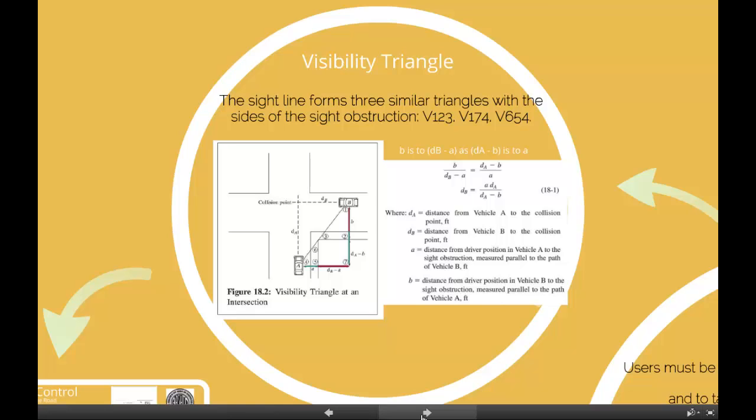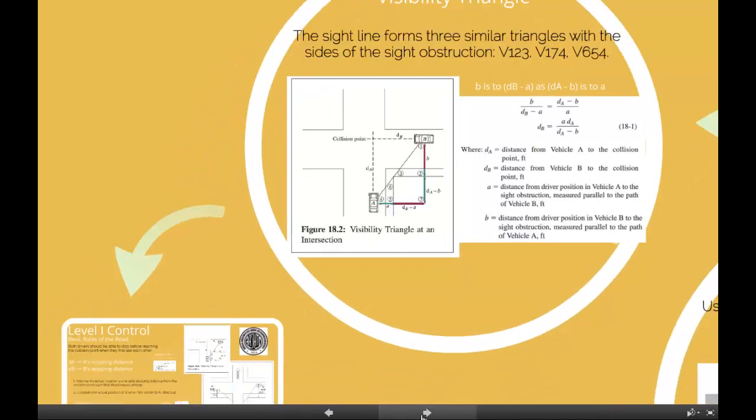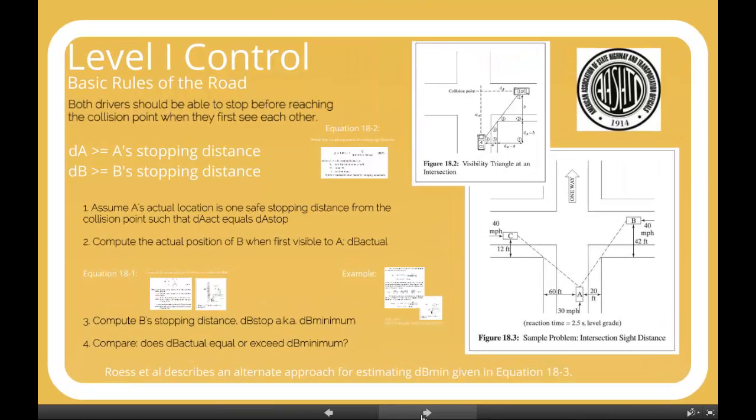Let's begin with level 1 control, where vehicles operate under the basic rules of the road. The basic rules of the road apply at any intersection where right-of-way is not explicitly assigned by use of signals or stop signs or yield signs. The right-of-way rules are spelled out in each state's vehicle and traffic law.